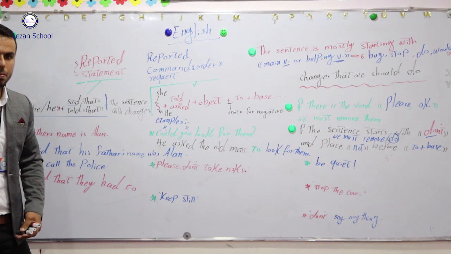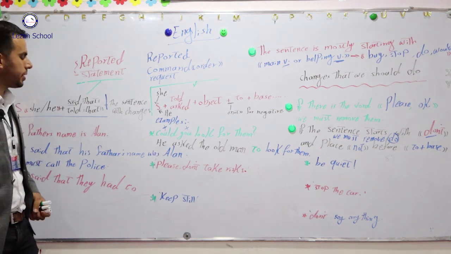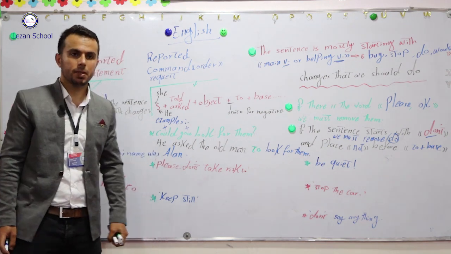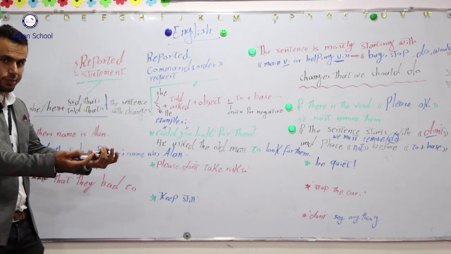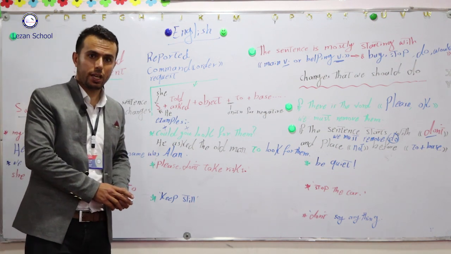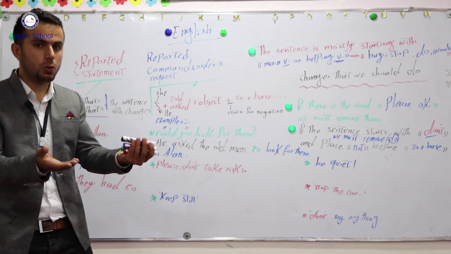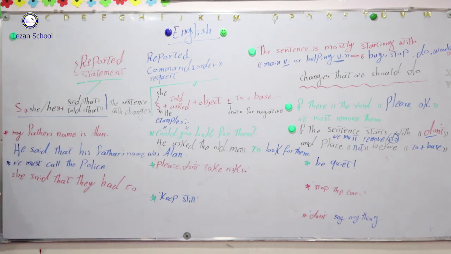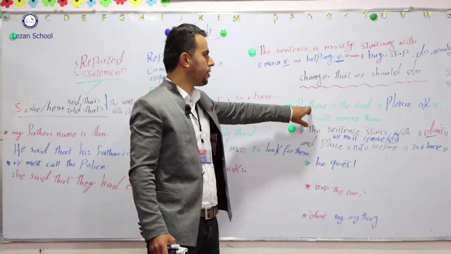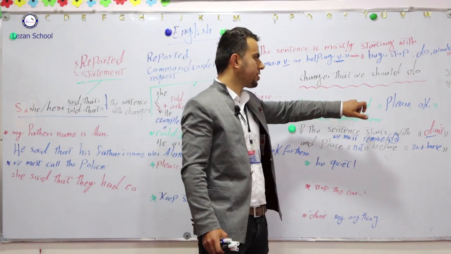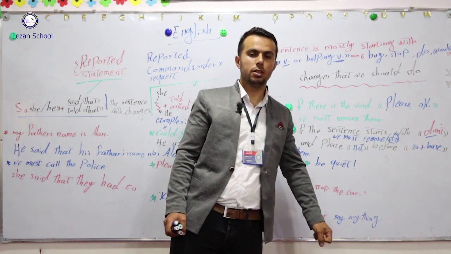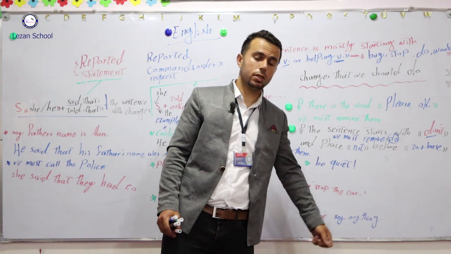Sentence number 2. The second example. Please don't take risks. It is somehow difficult because there are more than one change that we have to do. According to the rules that I wrote to you, if there is the word please, we have to erase it.